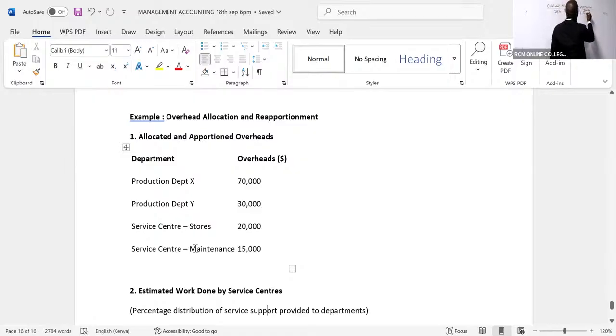We are being told that this is a service center. And then we have maintenance.